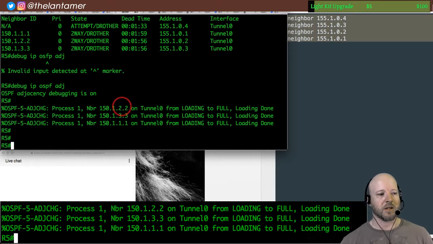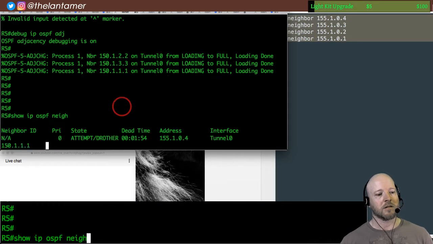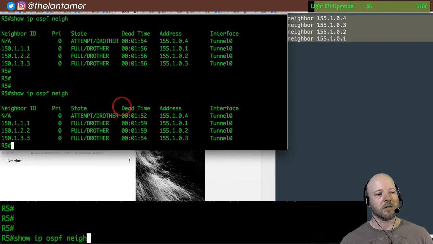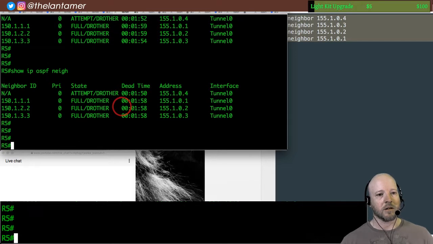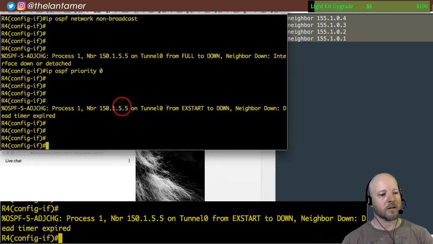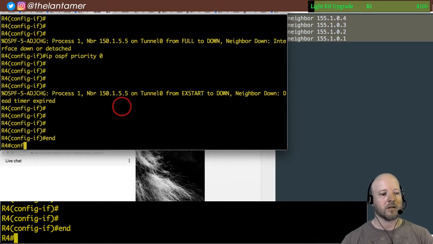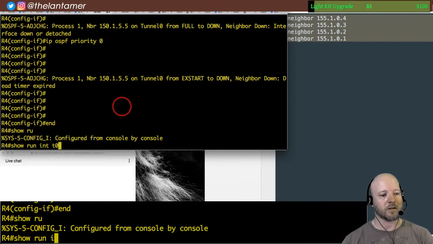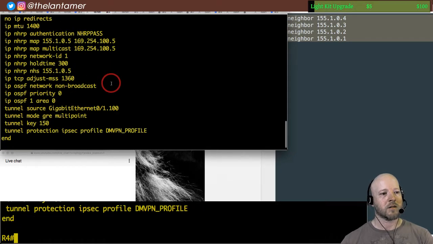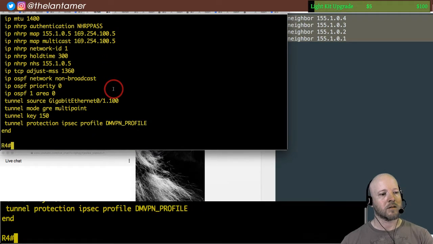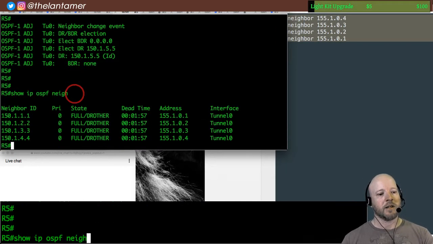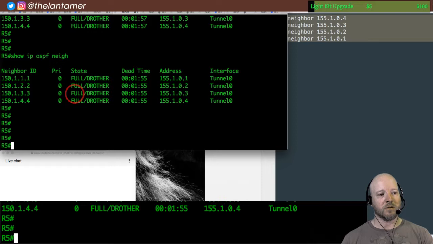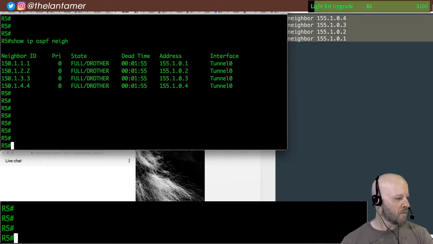Okay. I was just being impatient. It's having an issue with somebody. Router 4, did we not configure 4 properly? Show run interface tunnel 0. No, he just took longer. He's the slow one. Router 4 does. Okay.